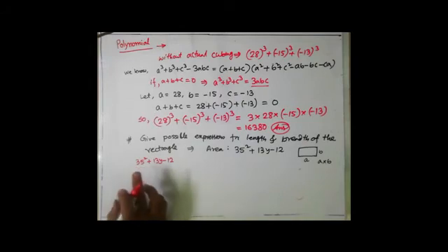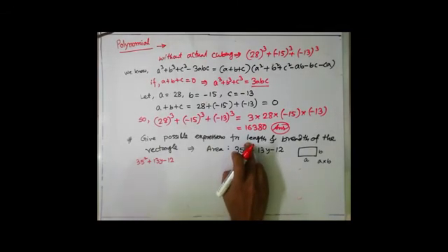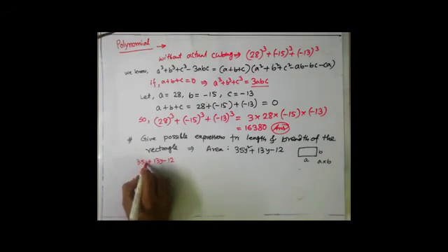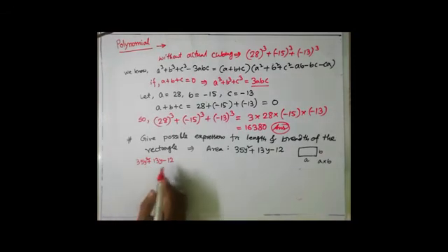That means 12 into 35. Sorry, I have missed one thing. 35y square is there. Sorry guys, 35y square. One y square I had missed. So 12 into 35 will give you 420. If you just make some trial and error, you can easily get for which values that 13 will come.